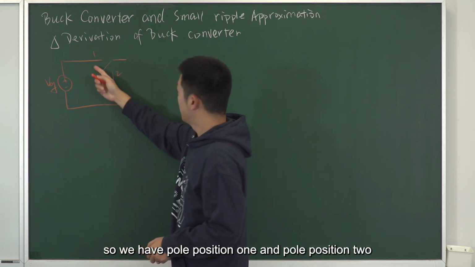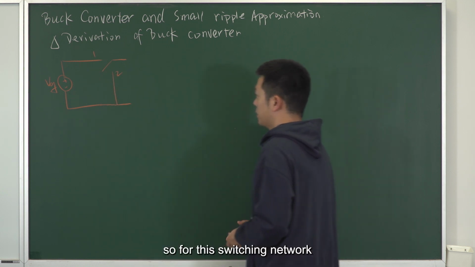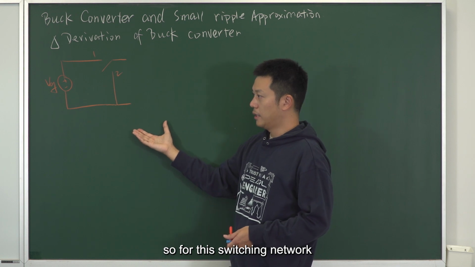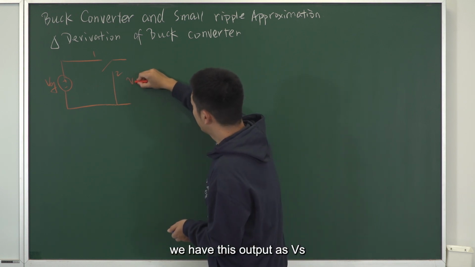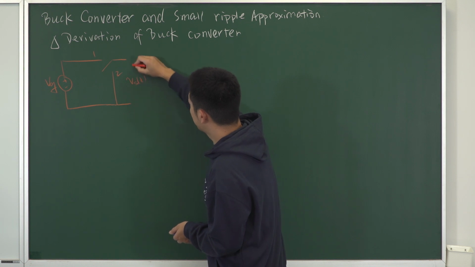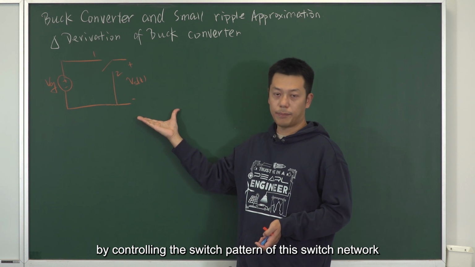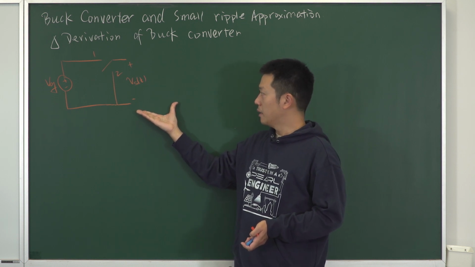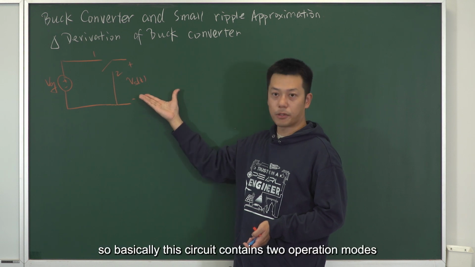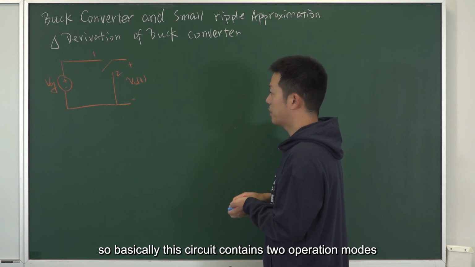So we have pole position 1 and pole position 2. For this switch network, we have its output as Vs. By controlling the switch pattern of this switch network, we can realize a specific waveform for Vs. So basically, this circuit contains two operation modes.